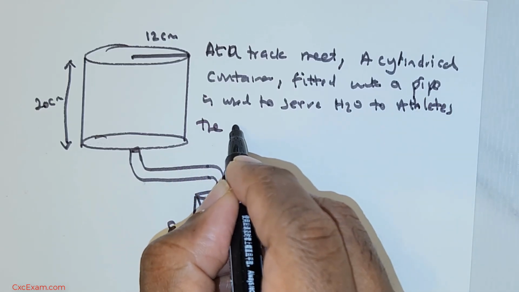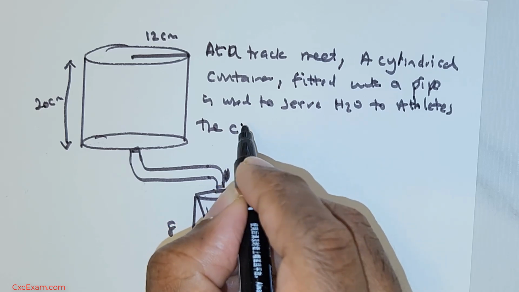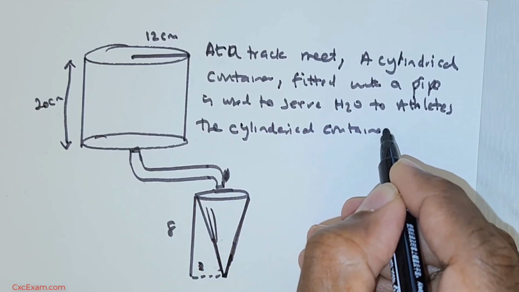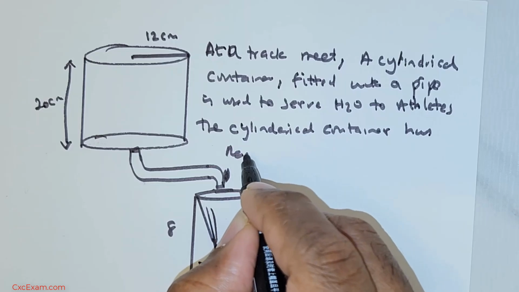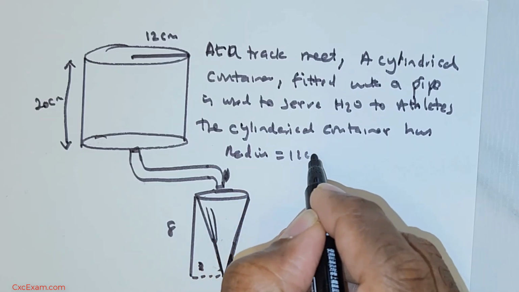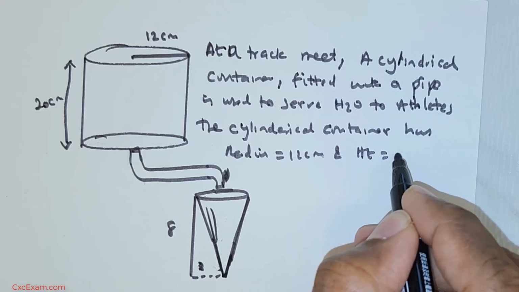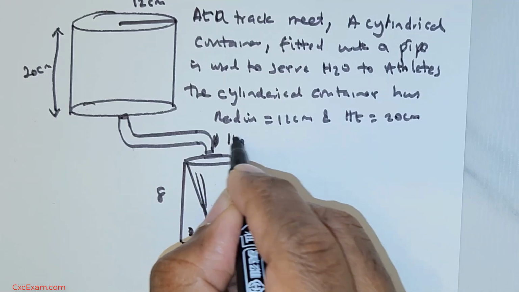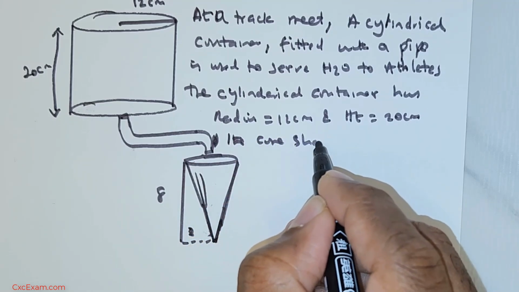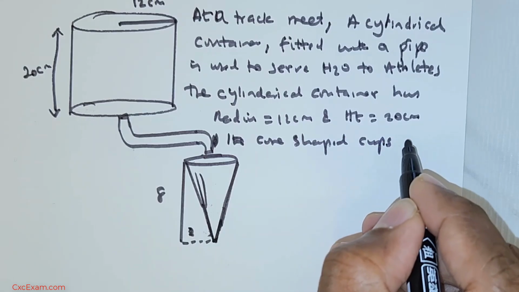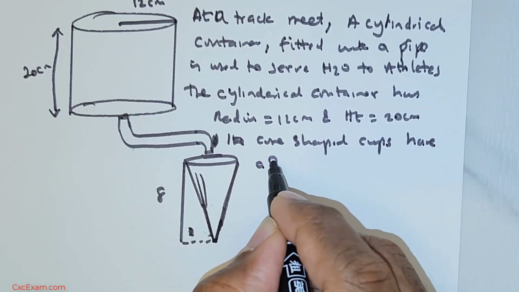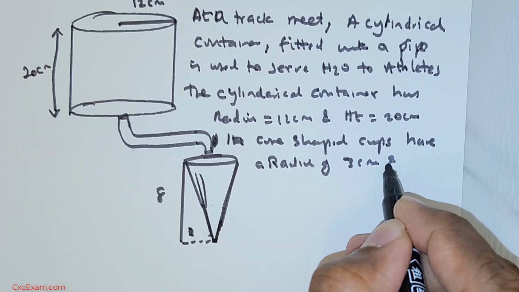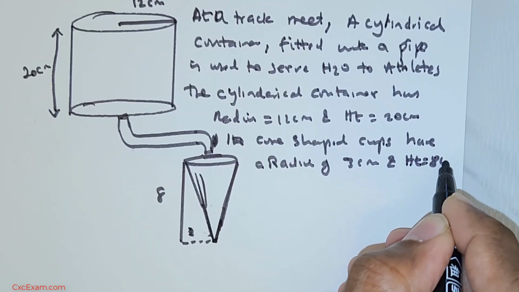The cylindrical container has radius 12 cm and height 20 cm. The cone shaped cups have a radius of 3 cm and the height is 8 cm.